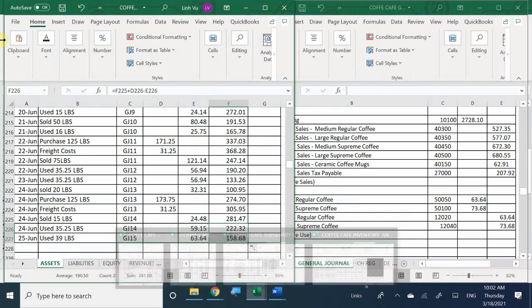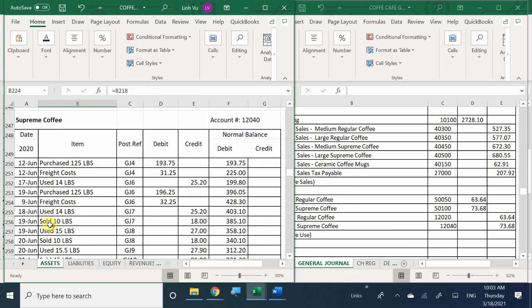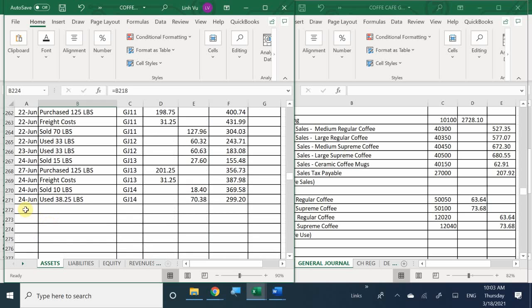Okay. Then we got to go ahead and edit down below for my Supreme Coffee. We used 40 pounds.